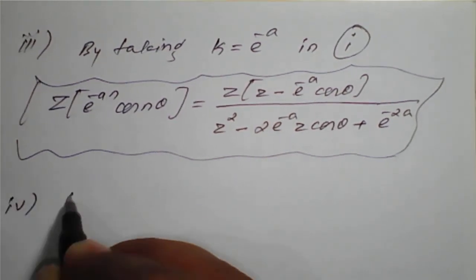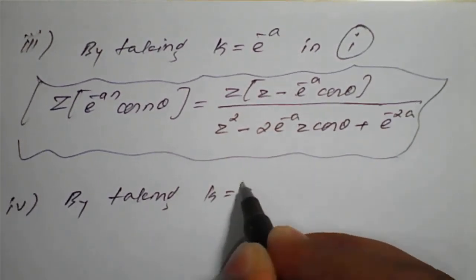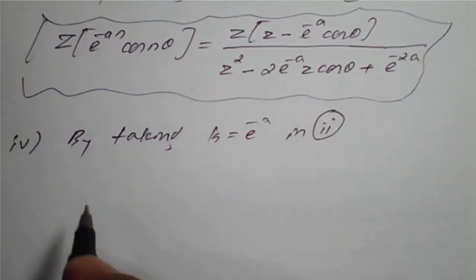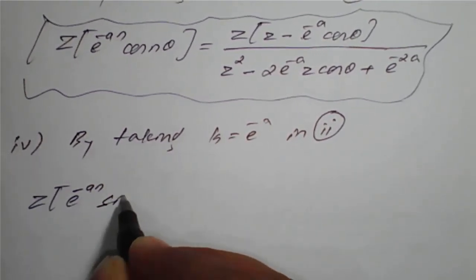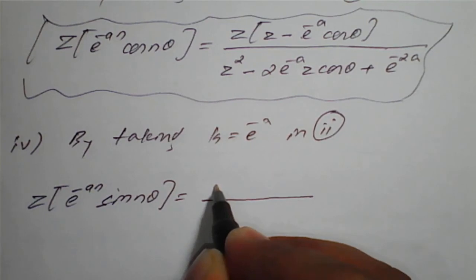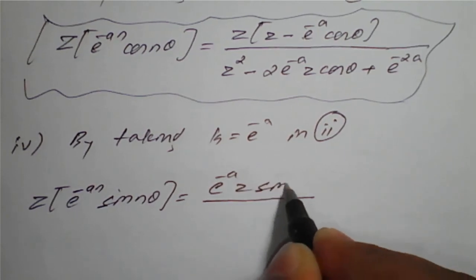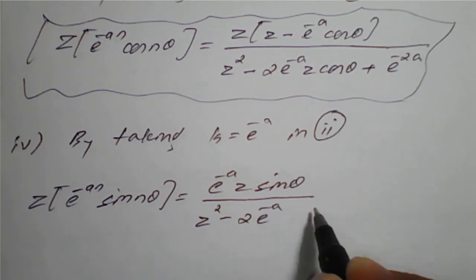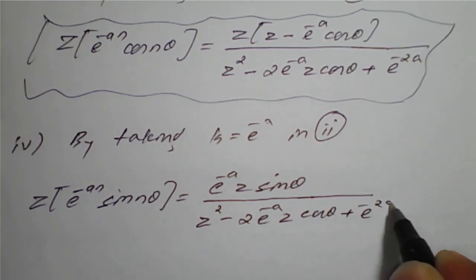And deduction number 4, again here also by taking k equal to e raised to minus a in deduction 2, we'll get z transform of e raised to minus a n sine n theta is equal to e raised to minus a z sine theta divided by z square minus 2 e raised to minus a z cos theta plus e raised to minus 2a.